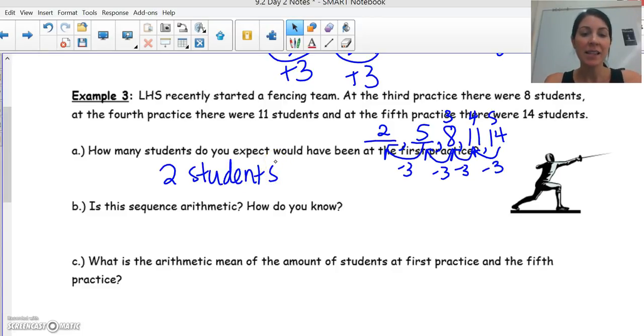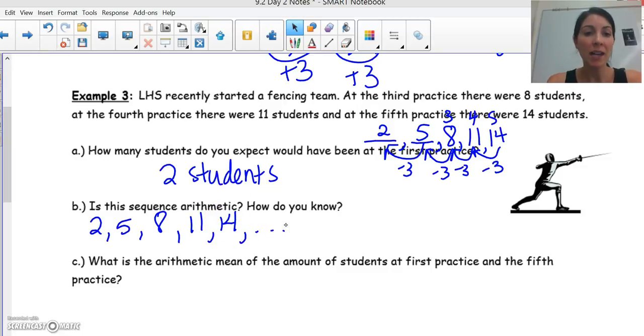B, is this sequence arithmetic, and how do you know? Well, it is, because remember we said if it's arithmetic, you're either adding the same number or subtracting the same number every time. Well, if I look at the sequence 2, 5, 8, 11, 14, and so forth, the reason I know it's arithmetic is because every time I need to add 3.